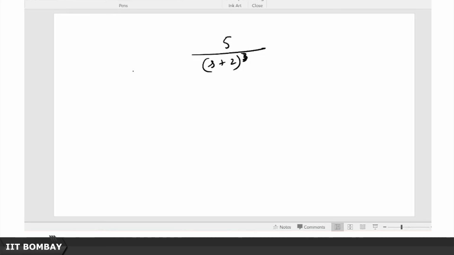If I want to realize this, I necessarily also have some 7 upon (s plus 2) squared plus say 6 upon (s plus 2), if this is my G(s).